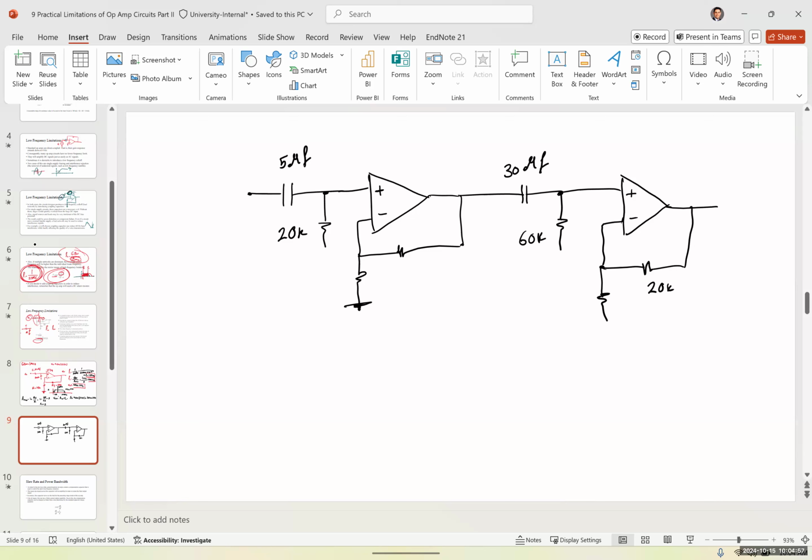This is 20K. This is 2K, 10K, 5K. We want to find F1 of the system and F2 of the system. Again, both of them are the 741 op amps, and both of them have a gain bandwidth product of 1 megahertz.